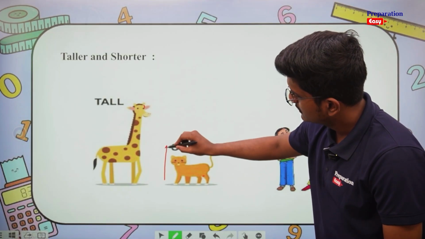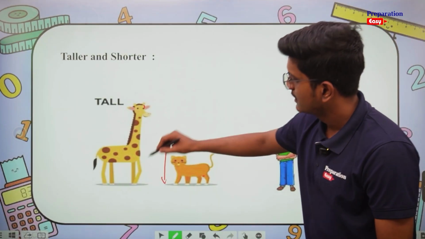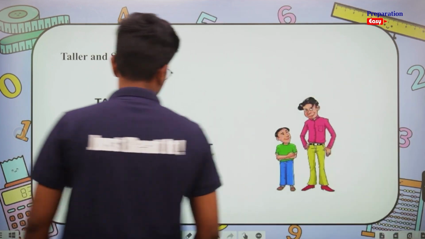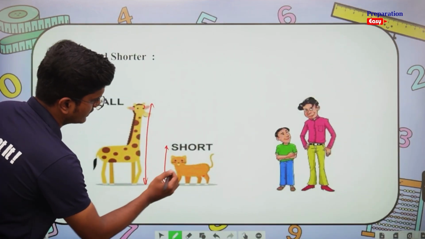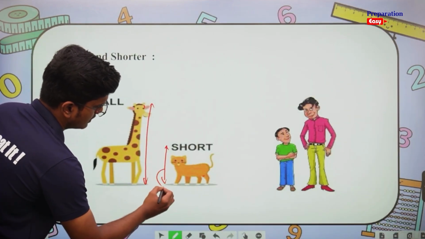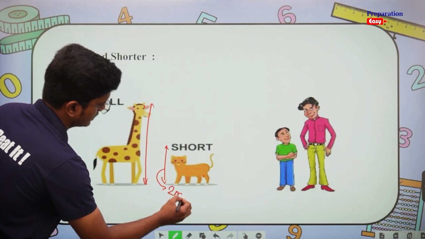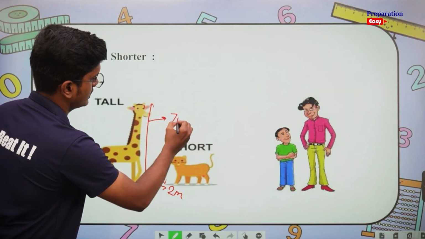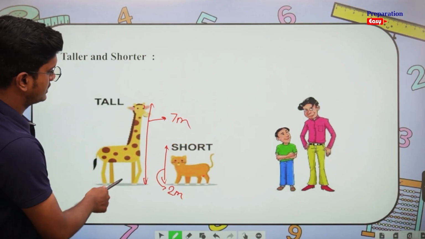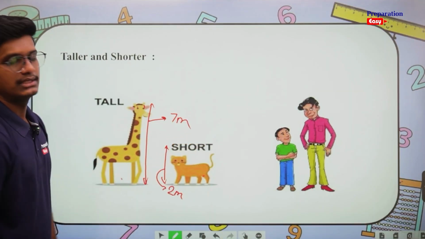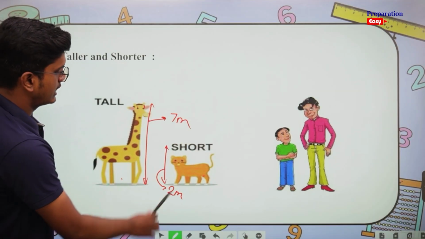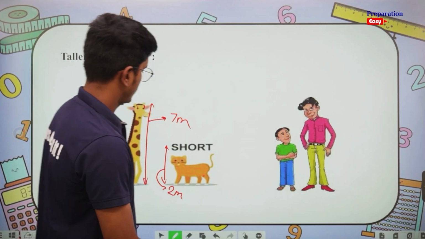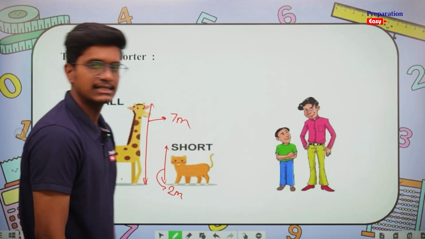If we assume that the length of the cat is 2 meter and the length of the giraffe is 7 meter, we can see that the giraffe is much taller than the cat. This is one example of length. The giraffe has a certain length and the cat also has a certain length.